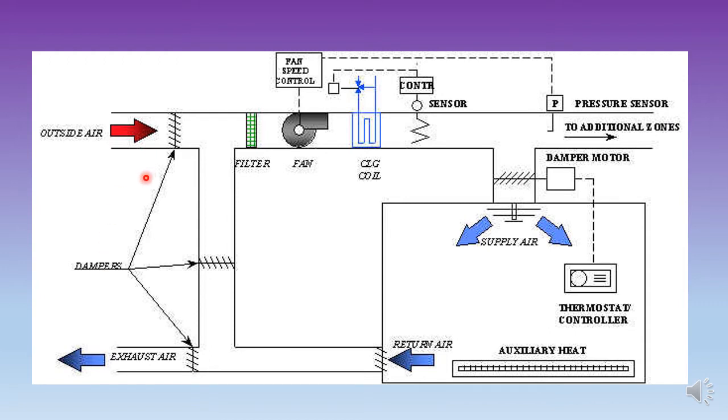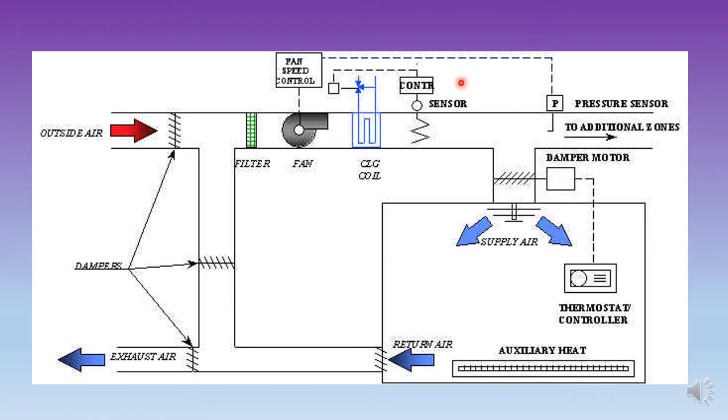Alright, so this is basically the same figure. It's just that here there are labels, and here you can see more clearly we have the damper. This is the damper motor to open or to shut the damper.